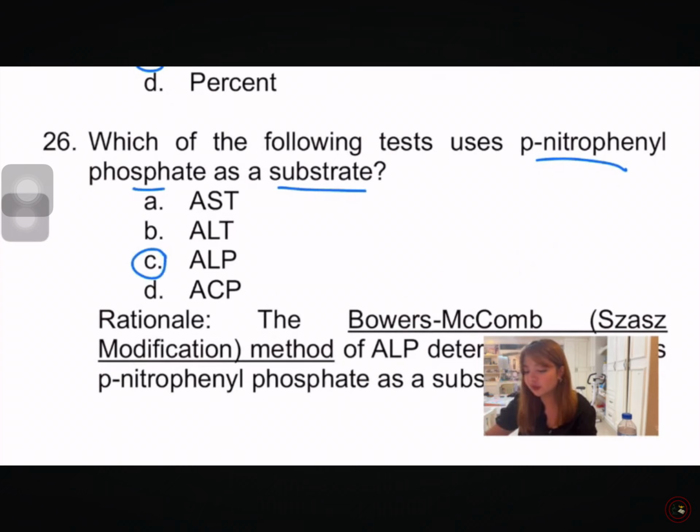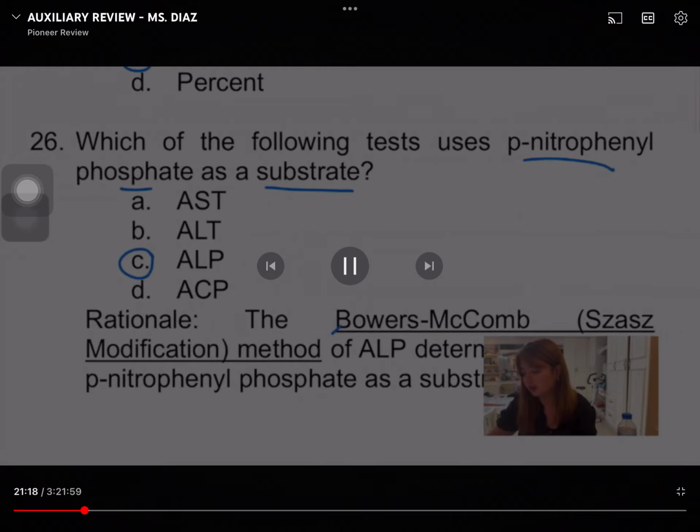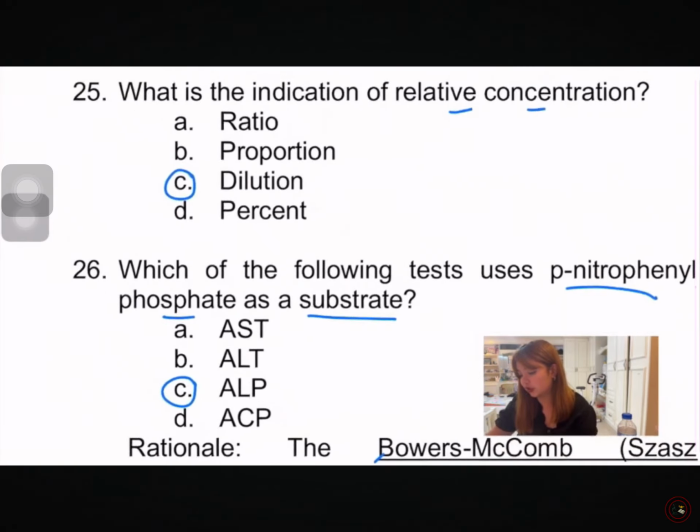Yung specific method na gumagamit ng p-nitrophenyl phosphate is yung Bowers-McComb or SAS modification of the Bowers-McComb method of ALP determination.